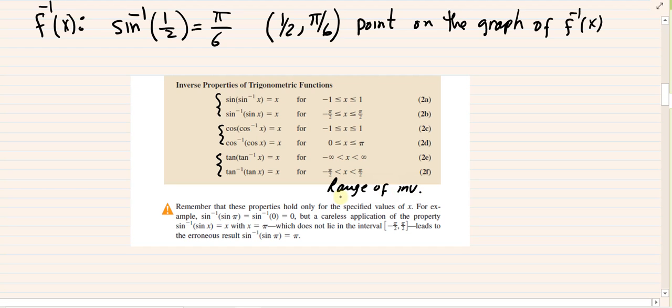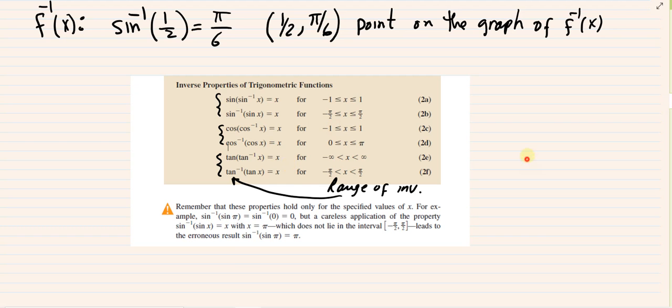The range of the inverse, tan inverse, is from negative pi over 2 to pi over 2. So domain of the inside, range of the outside. So if I look at this, for instance, this holds if we are in the range of cosine, which is from -1 to 1. See that? So that's another way to state these properties.